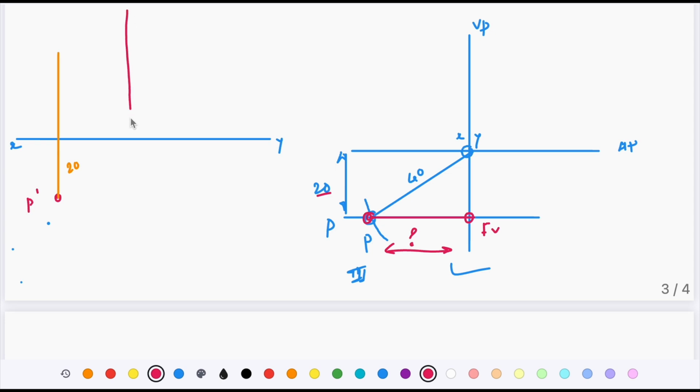So what we can do, I'll draw another reference line X dash Y dash. In this quadrant I'll draw this 45 degree line that I'm going to use to transfer the horizontal distance to vertical distance.